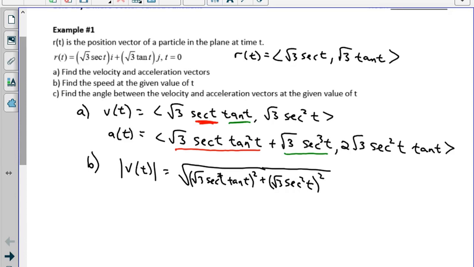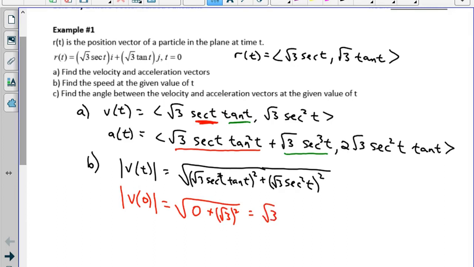So that ends up being the velocity. The speed, which is basically the absolute value of velocity. So when we end up doing this with 0 in there, we get the square root of 0 plus root 3 squared, which just ends up being square root of 3.